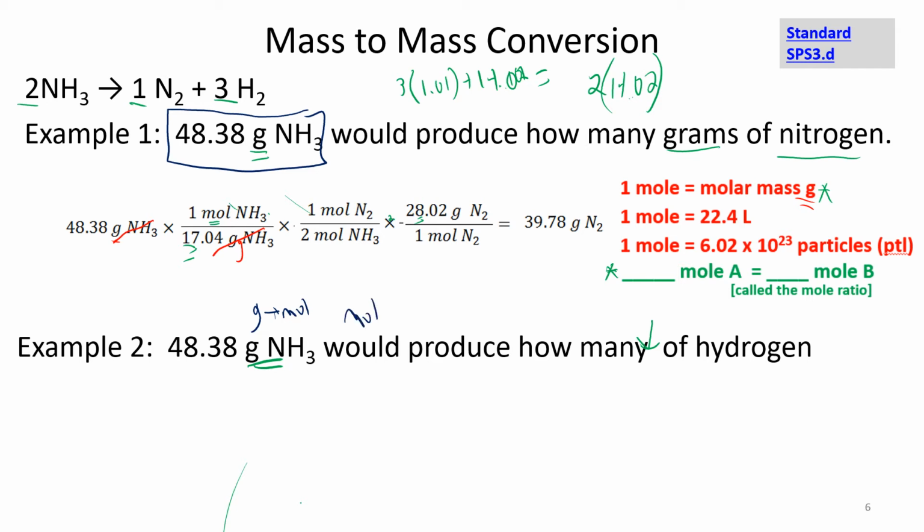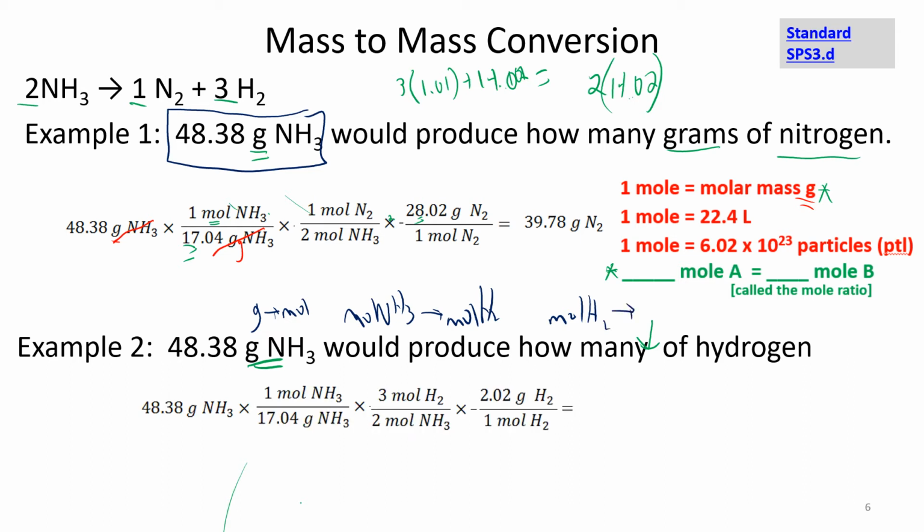Then I'm going to have to switch substances, so moles of NH3 to moles of hydrogen. That's going to be my second step. And last but not least is to get rid of my moles of hydrogen and to go to whatever my desired unit is.